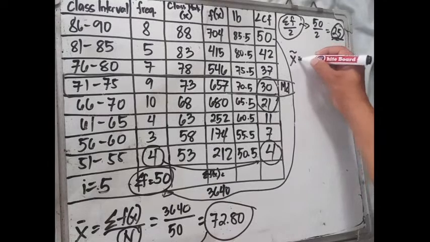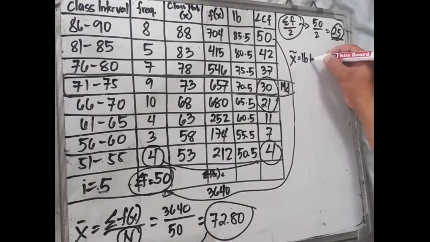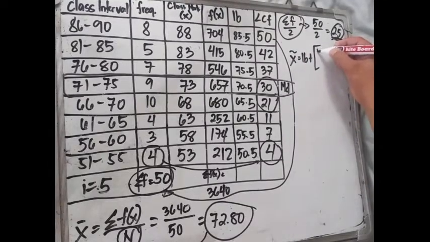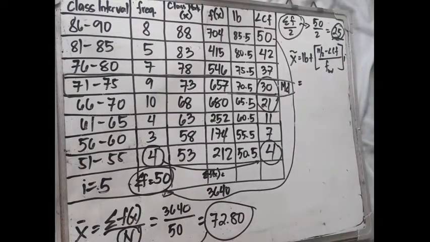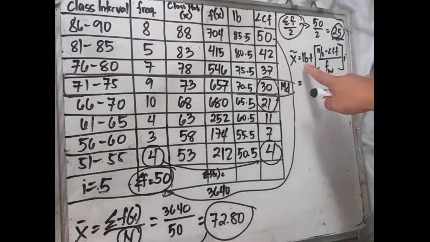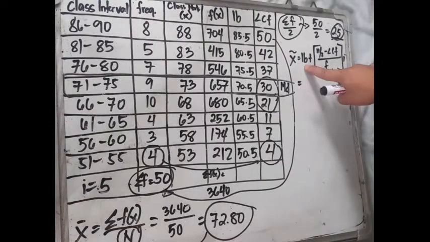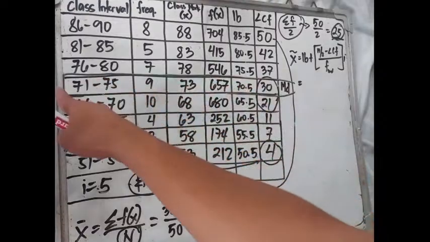Median equals lower boundary plus quantity of n over 2 subtract less than cumulative frequency over frequency of the median class times i. Okay, next, what is the value of the lower boundary of the median class? Lower boundary of the median class, dito na kayo mag-base lahat.